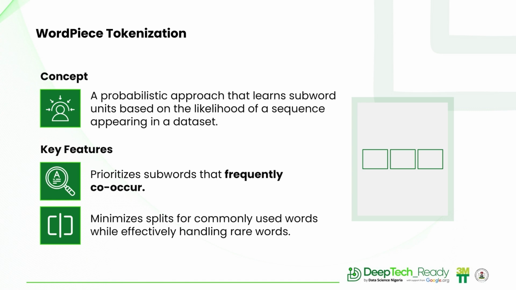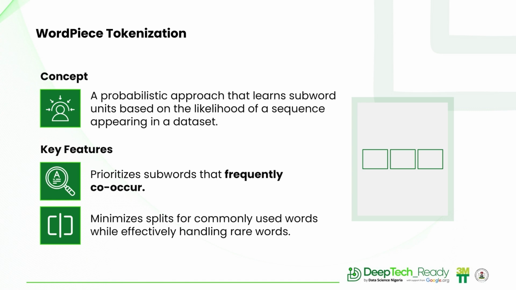However, when it comes to rare or unseen words, WordPiece breaks them down into smaller subword units and ensures that they can still be understood by the model. So this balances retaining whole words and breaking down rare words. This is why WordPiece is used in modern algorithms like BERT. It's also great for creating a vocabulary that supports both general language use and edge cases like unseen words.